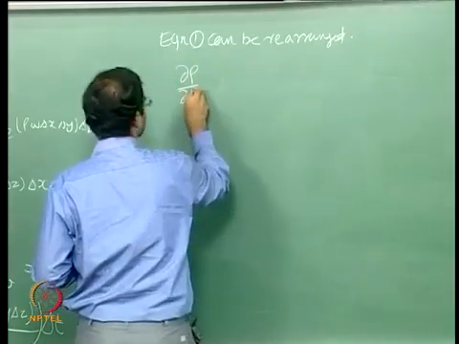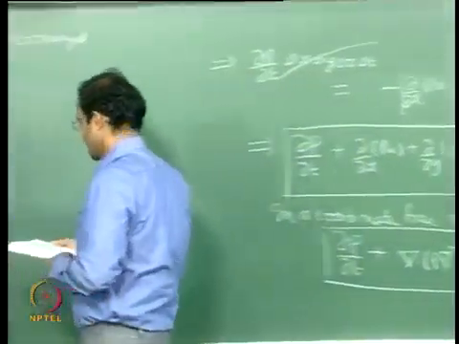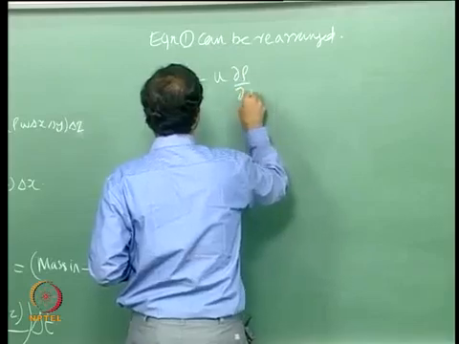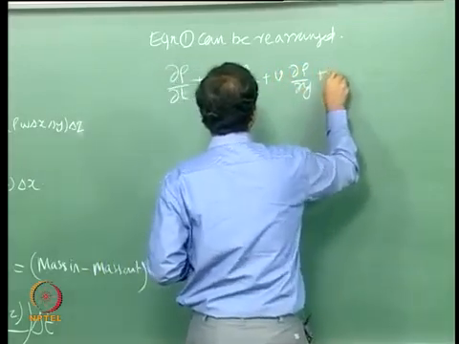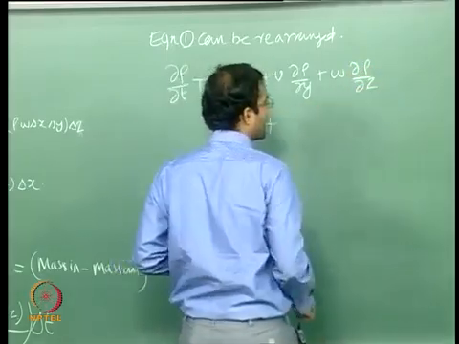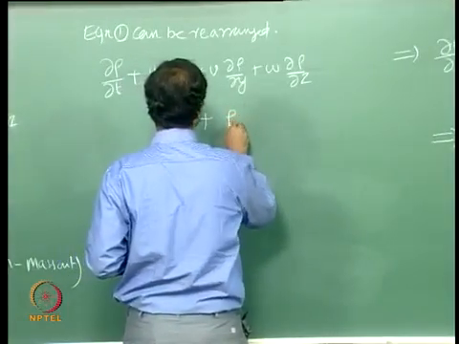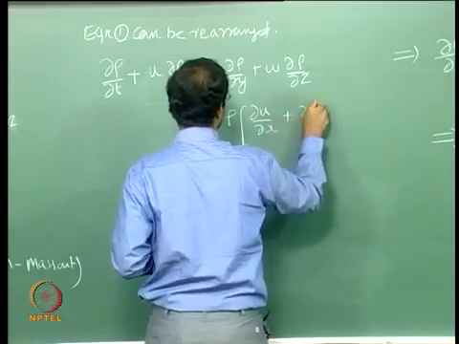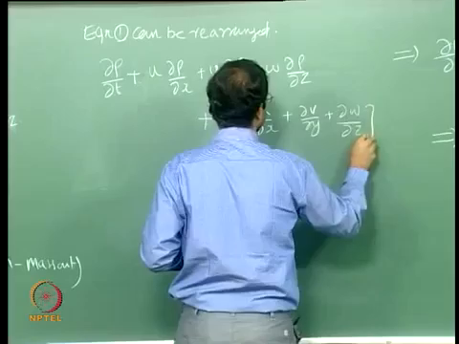We can write d rho by dt plus we can expand the derivative of rho u, splitting it up as u into d rho by dx plus v into d rho by dy plus w into d rho by dz, plus you can take rho common and write this as du by dx plus dv by dy plus dw by dz, which is equal to 0.